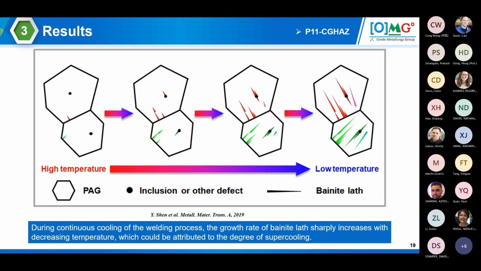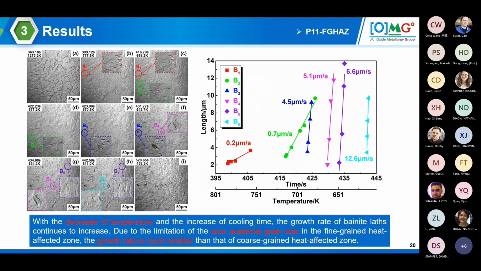We elaborate on this schematic illustration of how this goes from high temperature to low temperature. Since we also have the fine-grained HAZ, we want to see whether we are going to have something different as opposed to the coarse-grained HAZ. Now you are going to see a quite different picture here. As the temperature goes down, you are seeing bainite growing, but growing at a very different velocity.